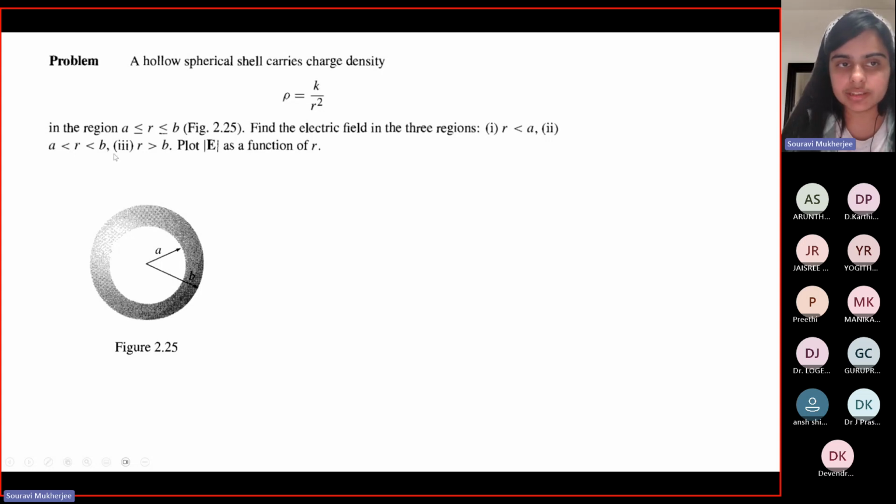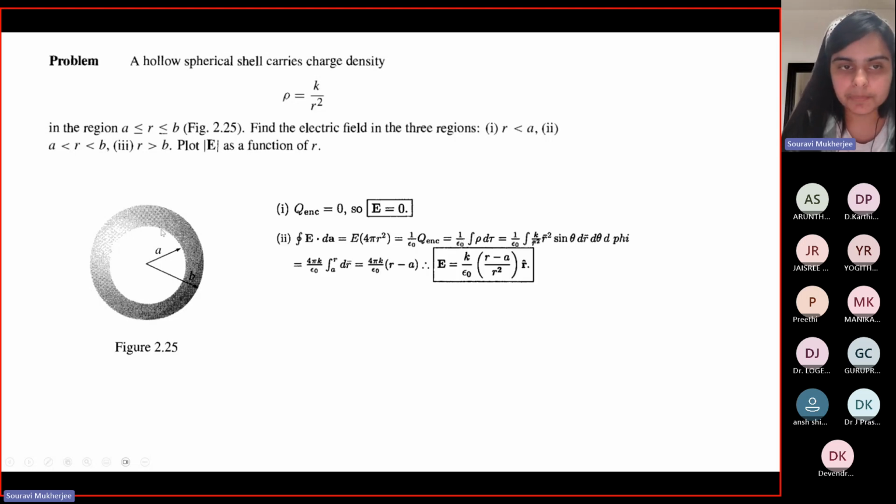For the second case, now there will be some charge enclosed, right? So you have to actually do integrations using this volume charge density. So how do you do it? For the first part, the electric field is 0. For the second part, consider a sphere somewhere in between A and B, right? Then E into 4 pi r square, if r is the radius of your Gaussian sphere, will be equal to the charge enclosed by the sphere by epsilon naught.